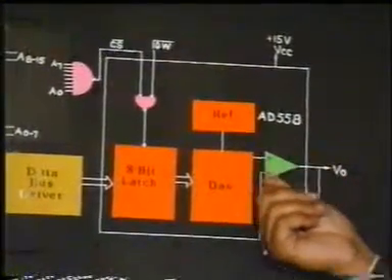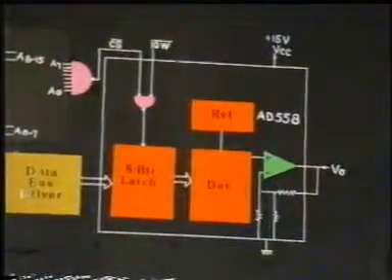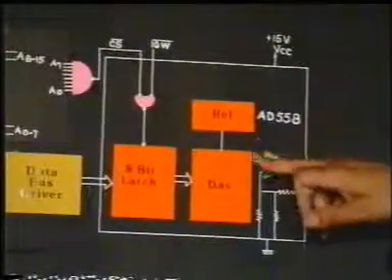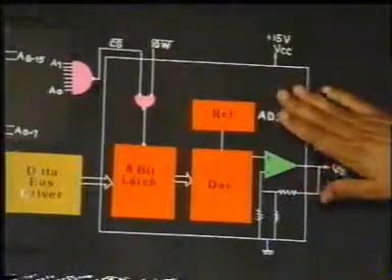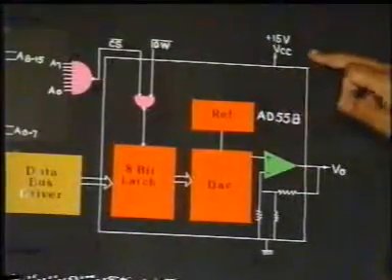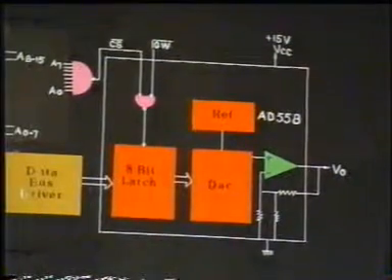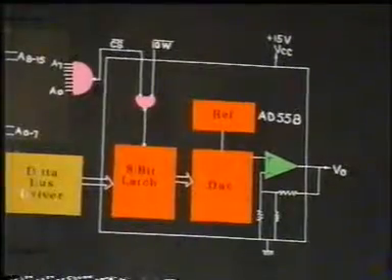Then a buffer is also provided within, so the analog signal is available to us. This reference is the power supply reference, which gives an accurate reference that should inherently be there in the D2A converter, taking its drive from the unregulated 15 volt supply. So in this case, we see the interfacing.